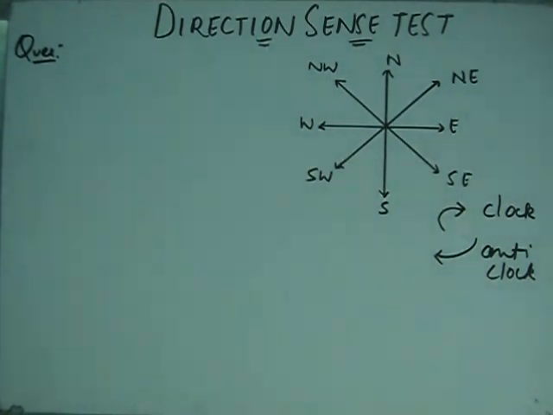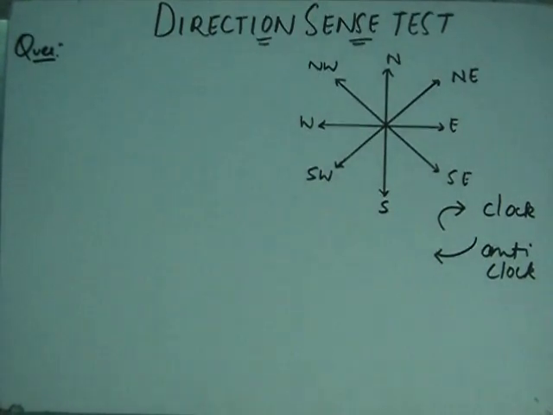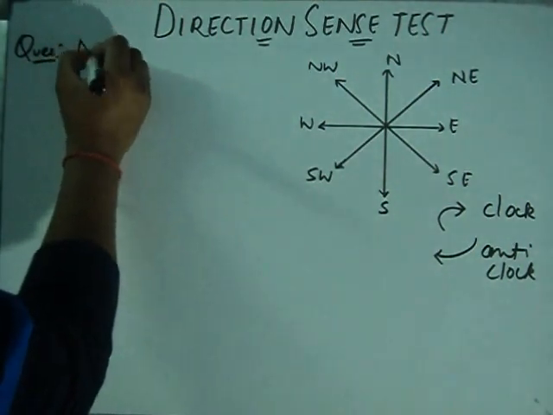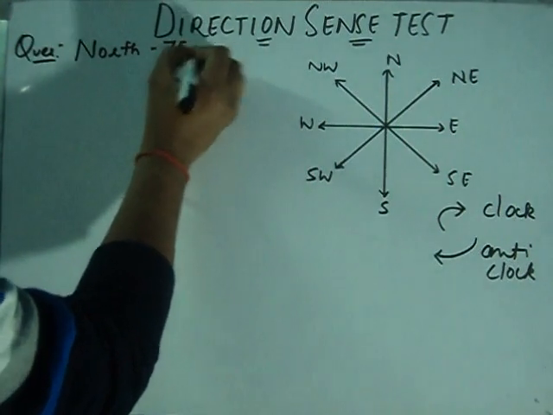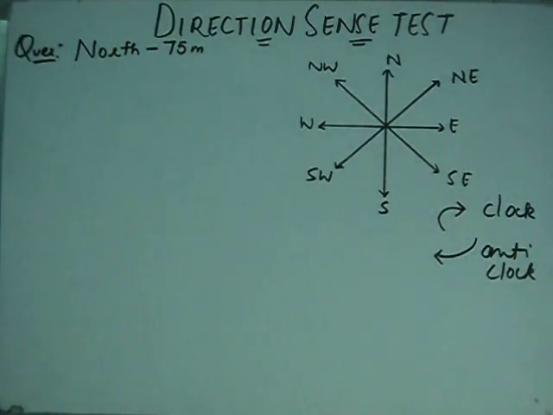Okay, in my next question, we have a girl, Swati. She moved a distance of 75 meter toward north. Means north 75 meter. Okay, I'm writing an algorithm. After that, she turned left and walked 25 meter.